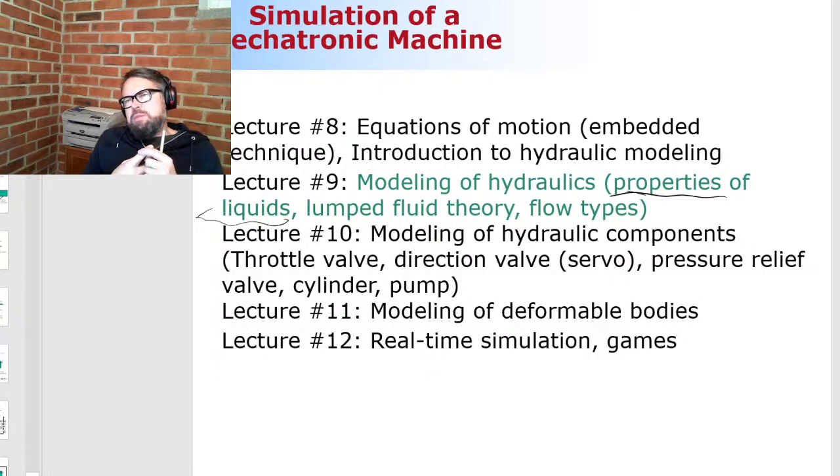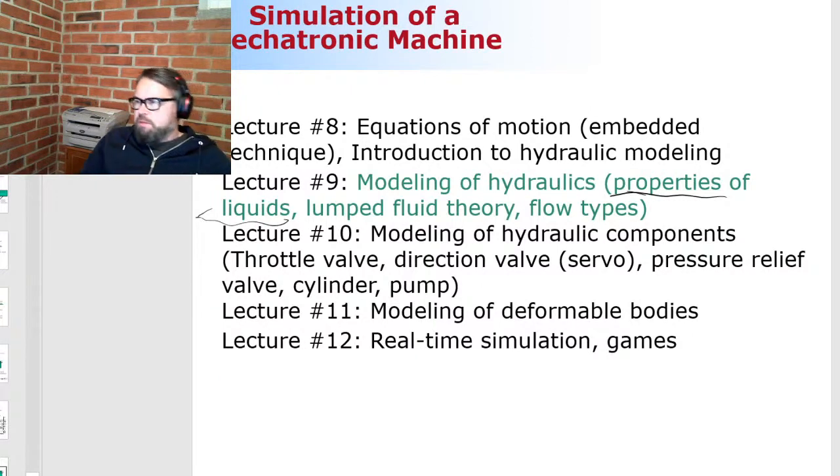The important properties we're going to look at are viscosity, which is not very important. It's not very important because it's only needed inside of laminar flows. What is a laminar flow? That I will explain to you, I guess, next Monday. But it's not that frequent a property that is needed. Another one that I'm about to explain to you is the bulk modulus. Bulk modulus for sure is extremely important. It is needed in lumped fluid theory.